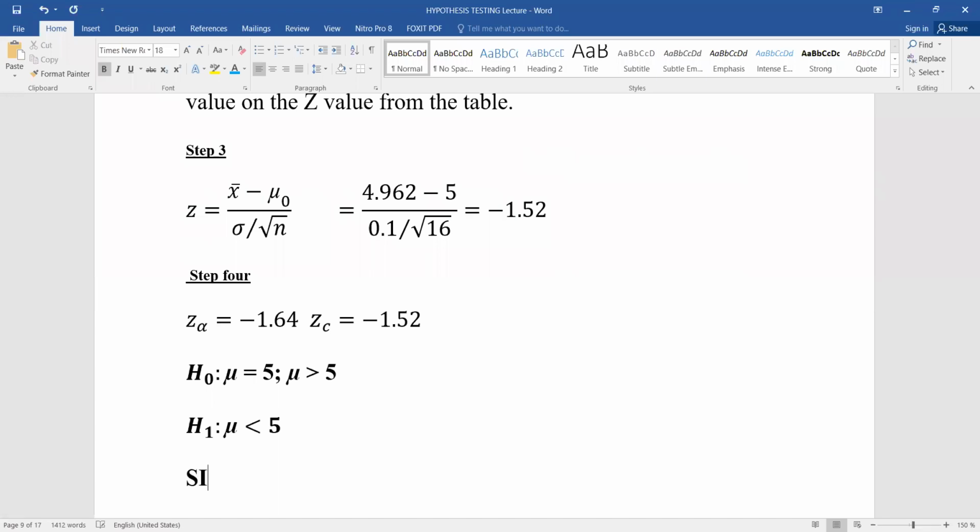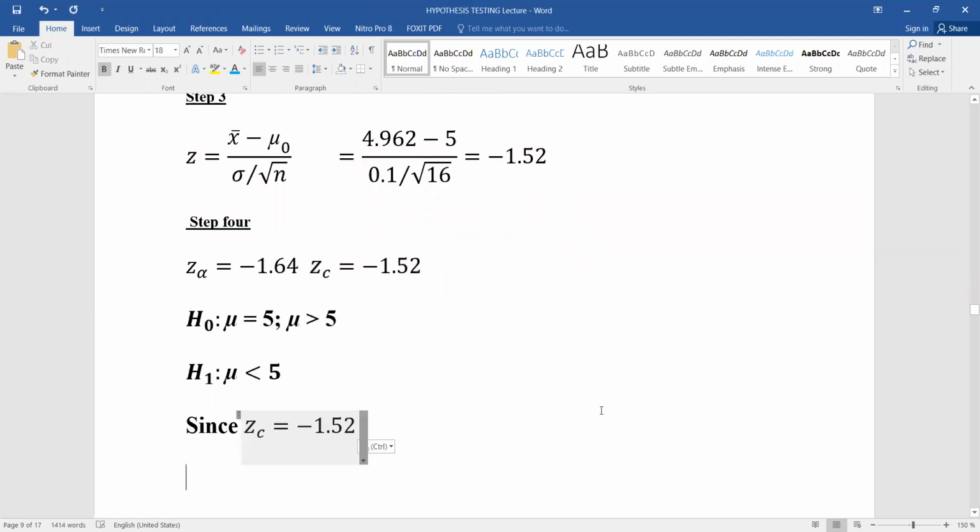So we said, since Z computed, you put the value. Is it greater or less than Z alpha?